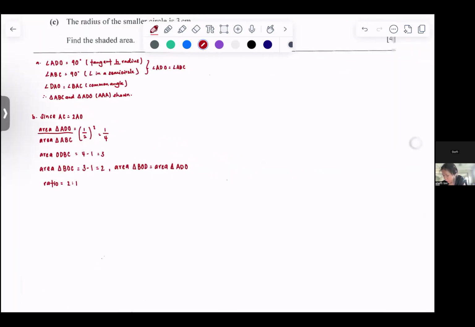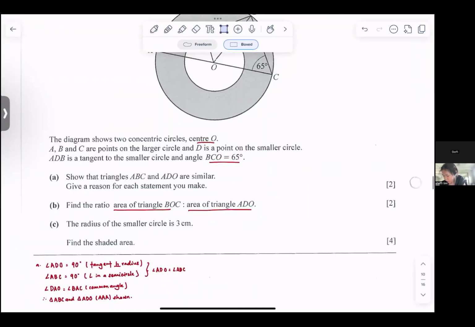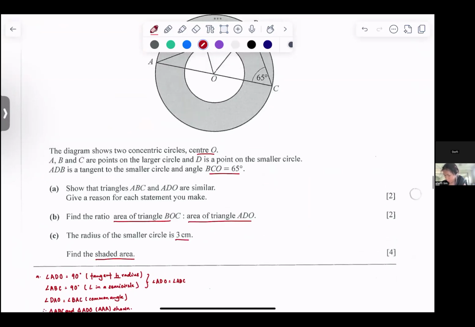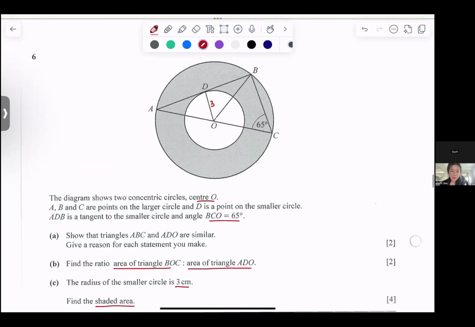Okay, I'm just going to erase this before it gets too confusing. The radius of the smaller circle is 3 cm, find the shaded area. So you know DO is 3. The shaded area is just the big circle minus the smaller circle.